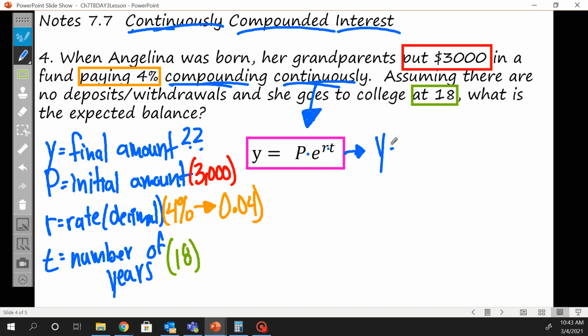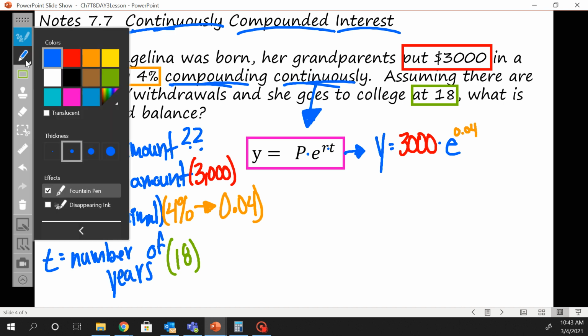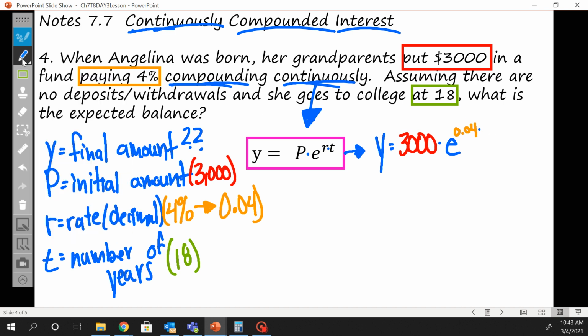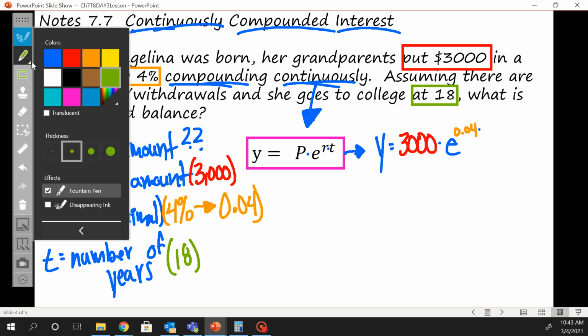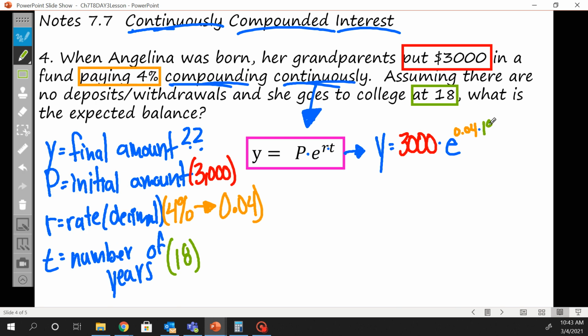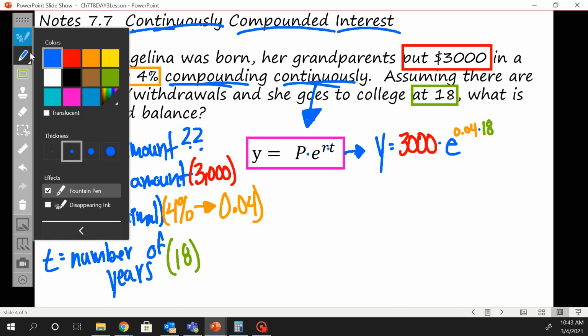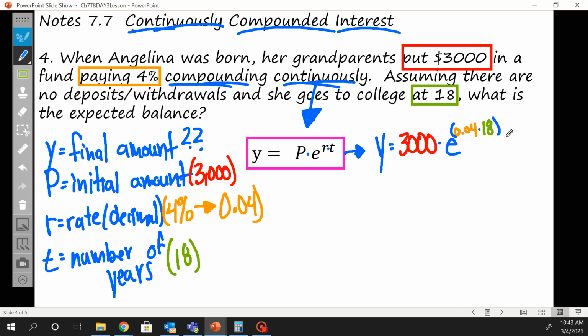So we have y is equal to P, the initial amount, which is 3,000, times e to the r times t, so r is 0.04 times t, so times 18. So all we have to do is calculate the value of this.